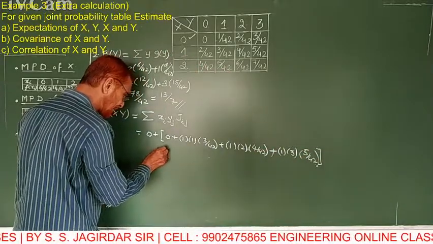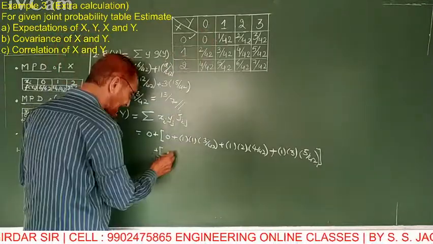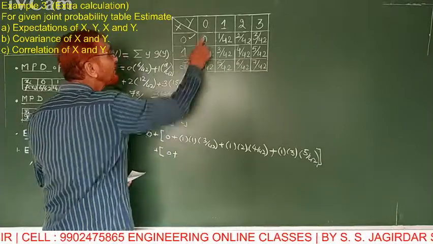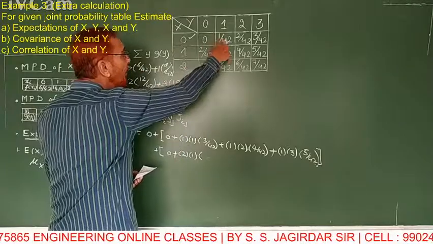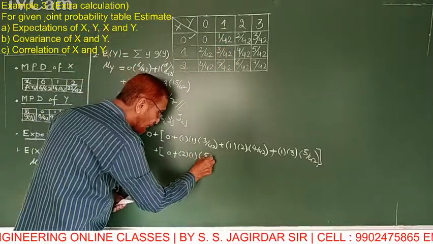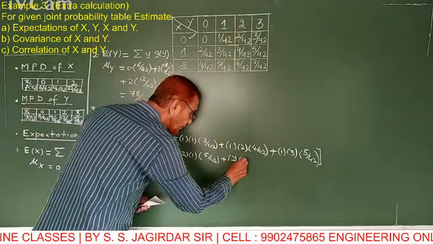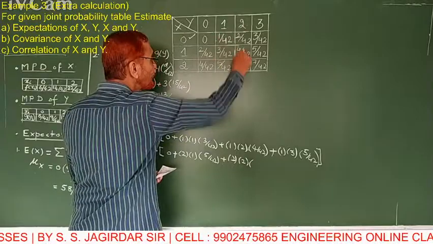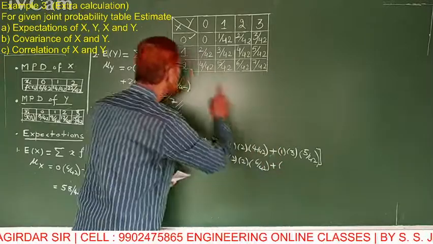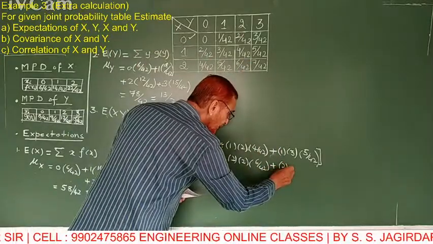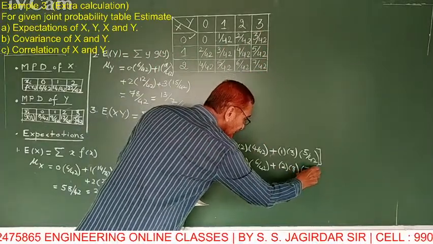Now with 1 it is complete. With 2, 2 into 0 is again 0, no need to write. 2 into 1, joint probability is 5 upon 42, plus 2 into 2, and joint probability is 6 upon 42, and plus 2 into 3, and joint probability for 2 and 3 is 7 upon 42.